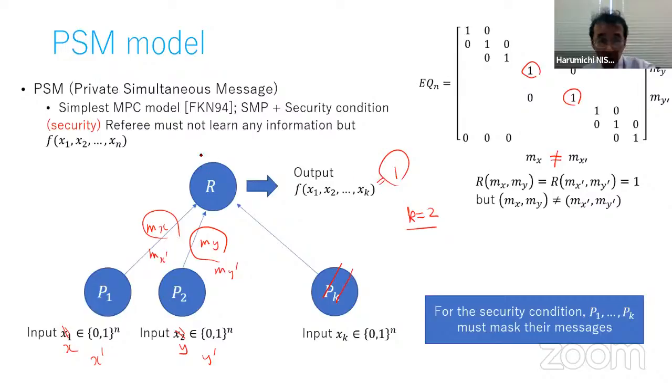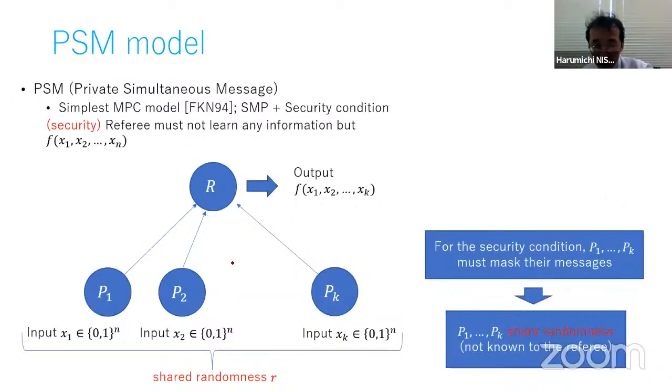So the referee has some information other than F(X) itself. So we need the shared randomness for the security condition. So the k parties have shared randomness R. Then we can mask the message.